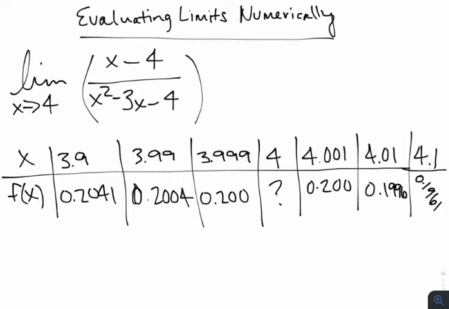So we can pretty much conclude that the limit as x approaches 4 of x minus 4 over x squared minus 3x minus 4 is 0.200. So that limit is equal to 0.2. If we wanted to put that as a fraction, that is 1/5.